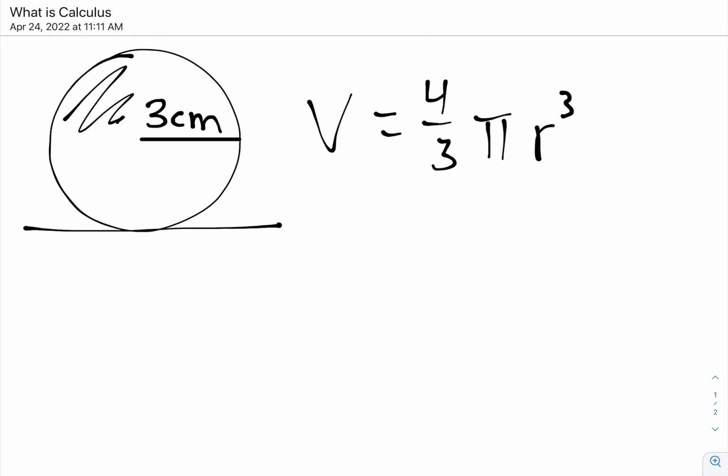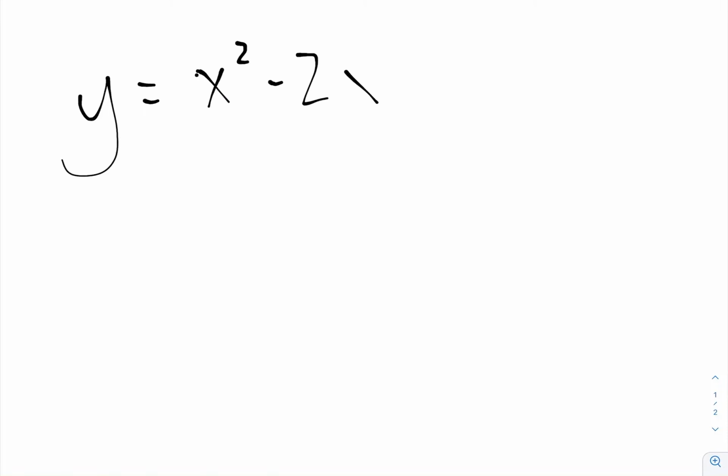Or maybe I want you to find the vertex of this equation, y equals x squared minus 2x plus 2. If I were to graph this function, what would the vertex be?